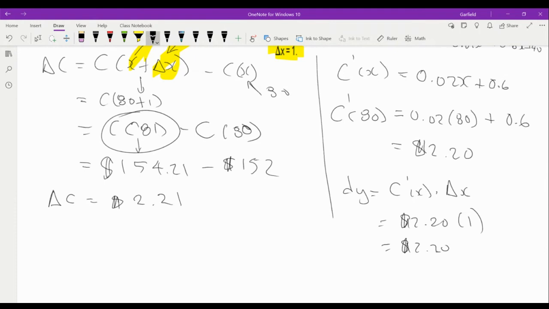So our dy, the differential, is actually equal to the same thing as the instantaneous, only because we're going up by a unit of 1.